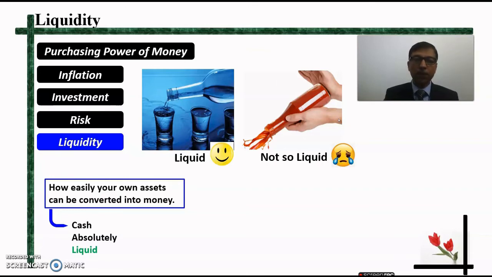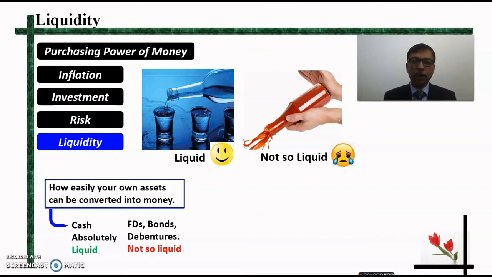But suppose you have invested your money in, say, fixed deposits or bonds or debentures. Now these instruments normally have a predefined maturity period. Say, for example, if you have put your money in a fixed deposit, it may be for a period of 1 year, 2 years, or 5 years, or whatever.